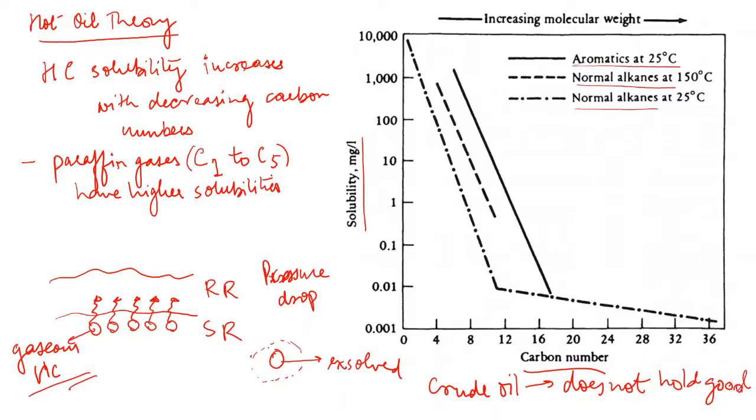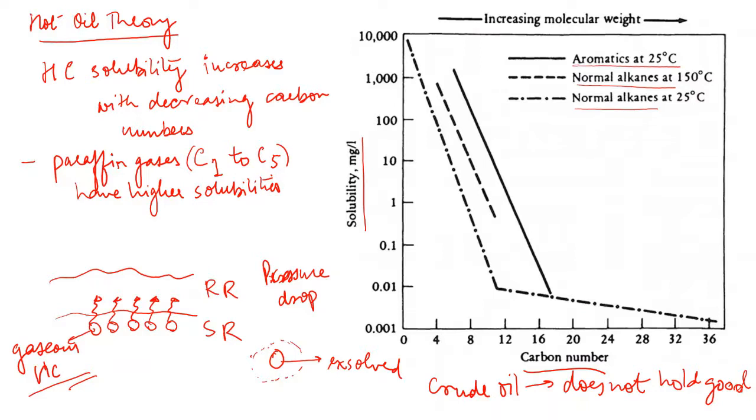Remember, at the very beginning of this lecture, I told you the basic questions about the migration of petroleum or hydrocarbon: what type of hydrocarbon is getting migrated? Is it the gases or is it the crude oil? If we are talking about crude oil, we just saw that its composition is very complex, and only 25% of it consists of moderately soluble alkanes.